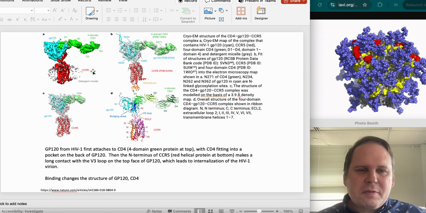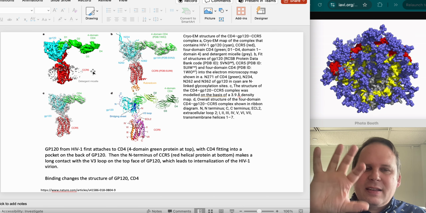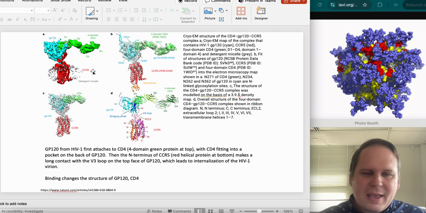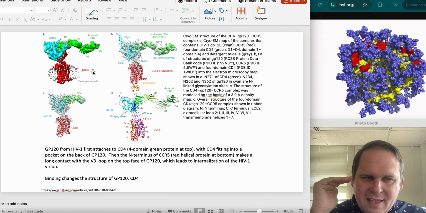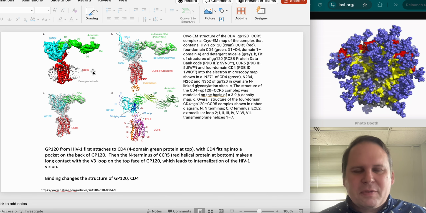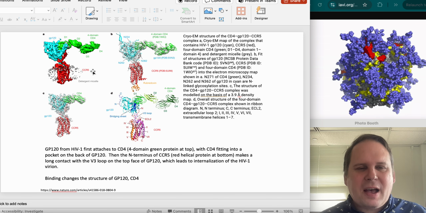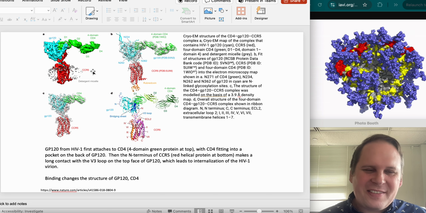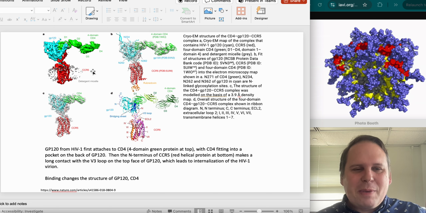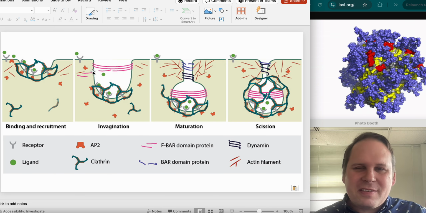There are some other conformational changes that are basically going to let GP120 move out of the way, because once it has locked onto this receptor, GP120 has finished its job. It's done a great job. Congratulations, GP120. You are responsible for another HIV infection, basically.